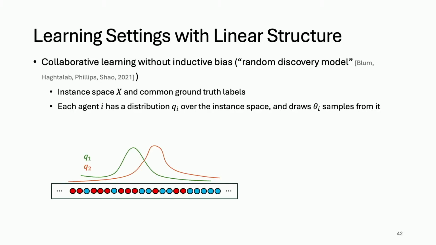Then given instance space X, again, we assume that they are labeled by the same ground truth function. And every agent I has a distribution Qi over the instance space. And then theta I denotes the number of samples.